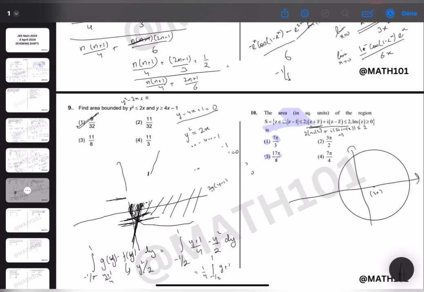So this becomes 2 times the real part of z minus 2 times the imaginary part of z less than equals to 2, which is x minus y less than equals to 1. So this is this line, and this is y greater than x, so this region.